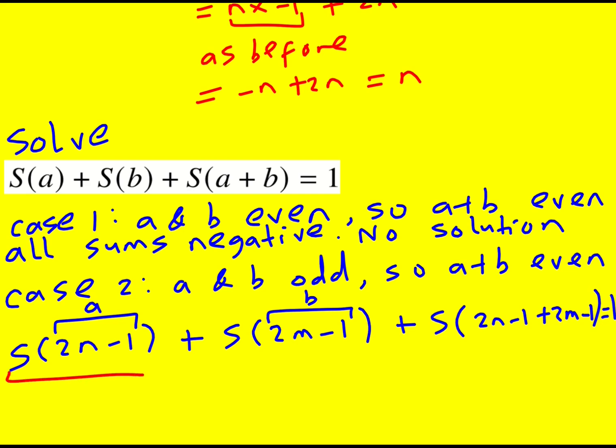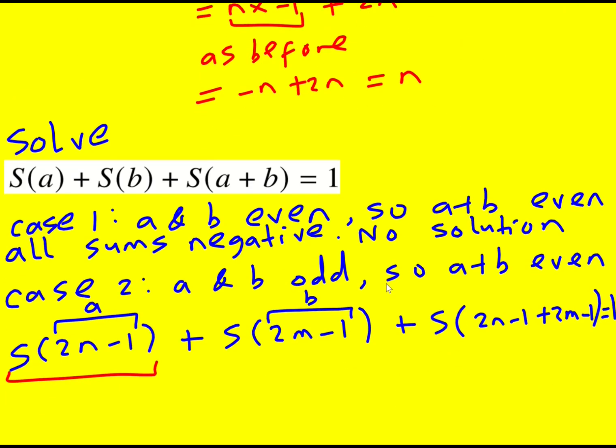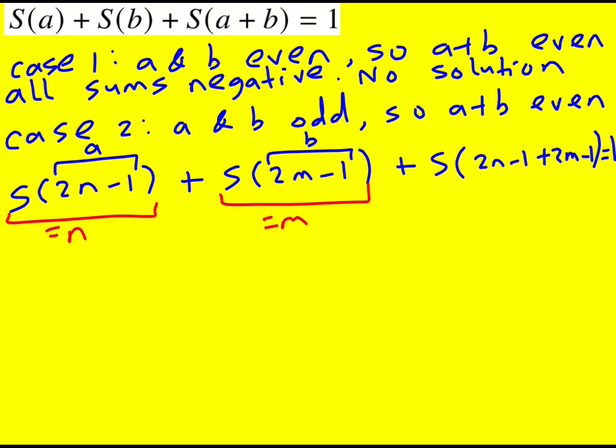Now, from above, we have this result. Remember, it's equal to n. And then this one, in a similar way, is going to equal m. So I just need to worry about this one here. It's going to be S of 2n plus 2m minus 2, which is S of 2 lots of n plus m minus 1.